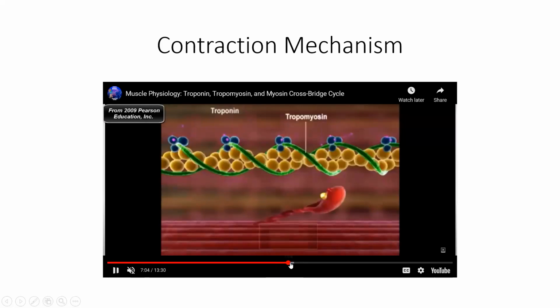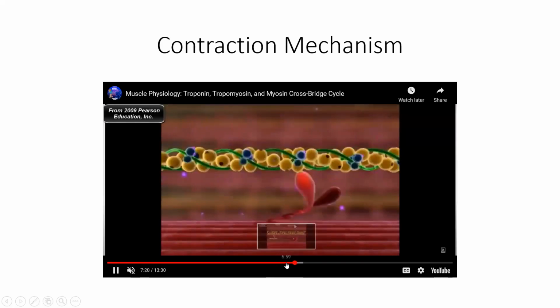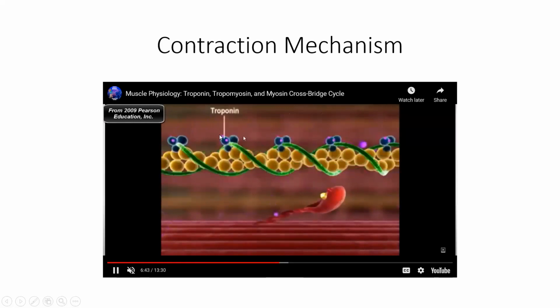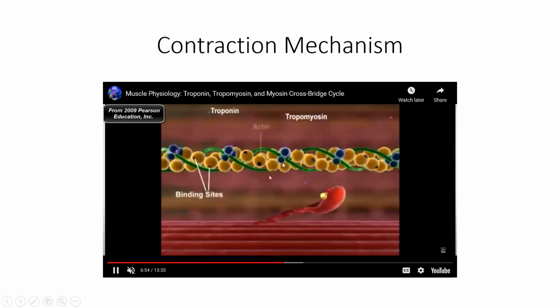Now let's imagine that this is our calcium. Well, when the amount of the calcium increases inside the cell, the calcium molecules bind to troponin C. Then troponin I changes its conformation, and tropomyosin now becomes moved away from the binding sites.